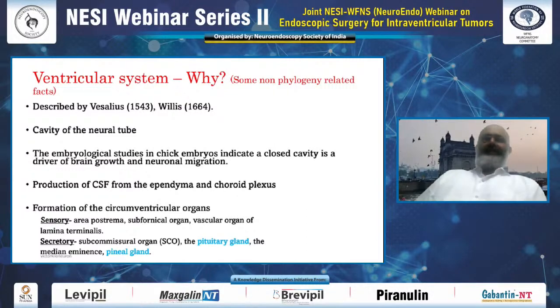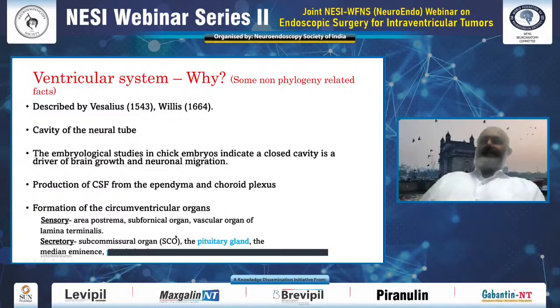And most interestingly, it contributes to the formation of certain circumventricular organs. To a large extent, we are primarily interested in the pituitary gland and the pineal gland, but they originate from around the ventricular system.